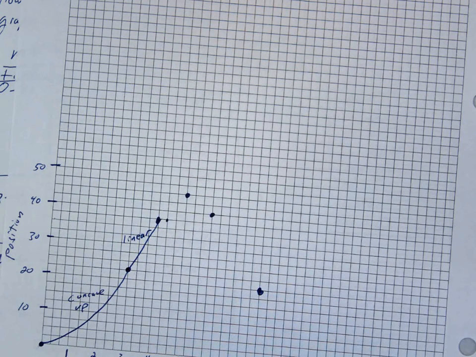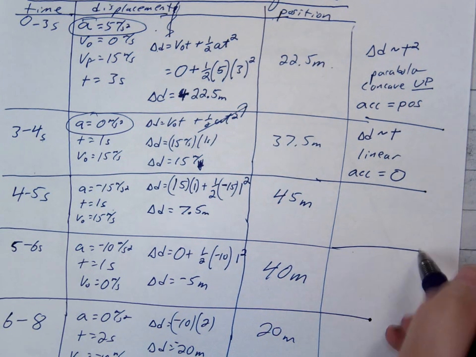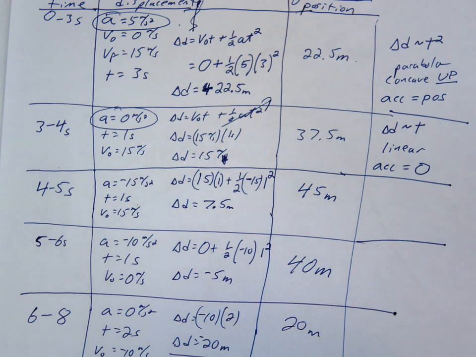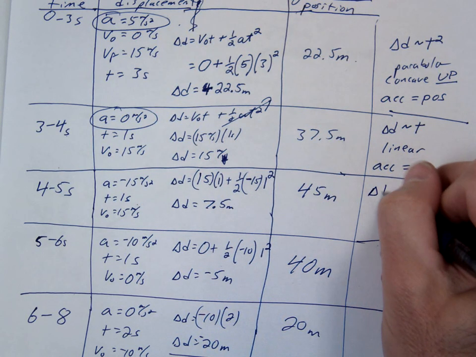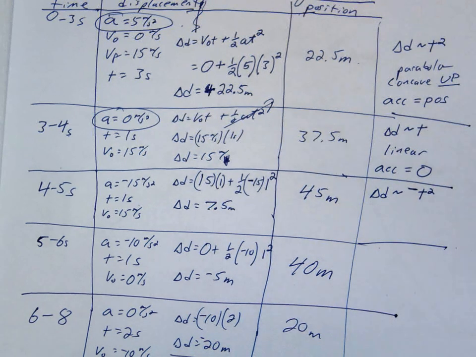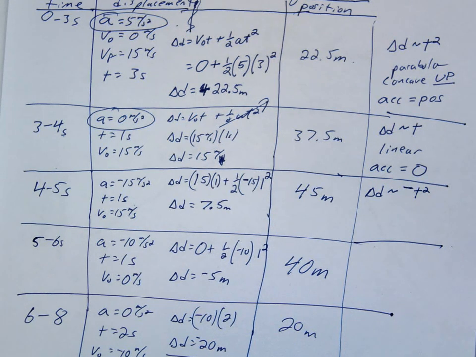So to do the connections, you're just going to look at what the acceleration is. Is it positive? Is it 0? Or, let's do the last one. This one, the acceleration was negative. So notice we still have the t squared function. But because a is negative, it's proportional to negative t squared. What kind of shape does a negative t squared give us?